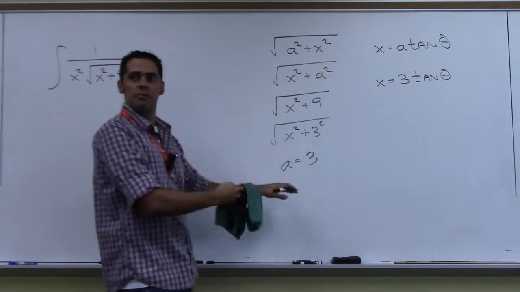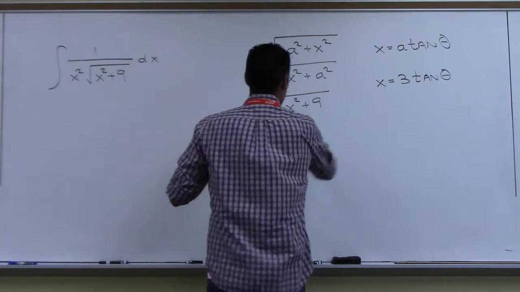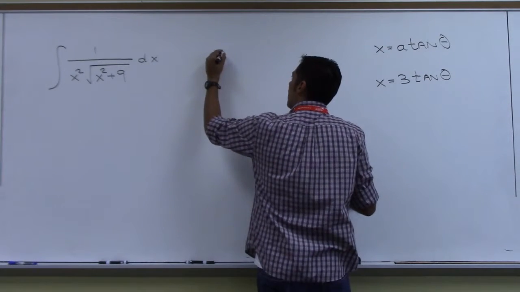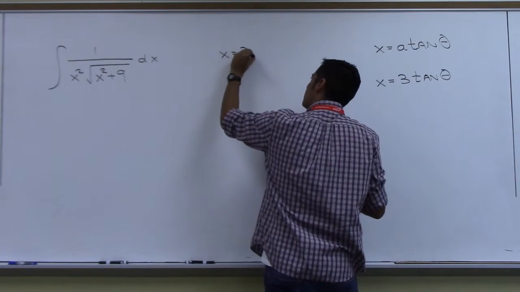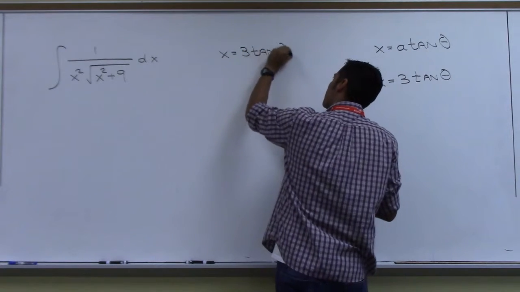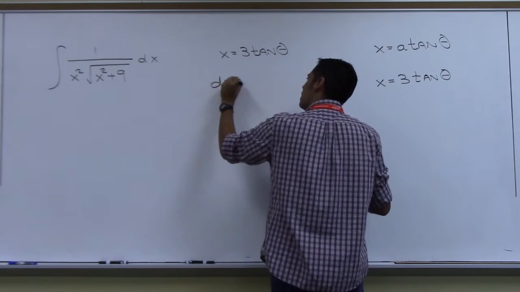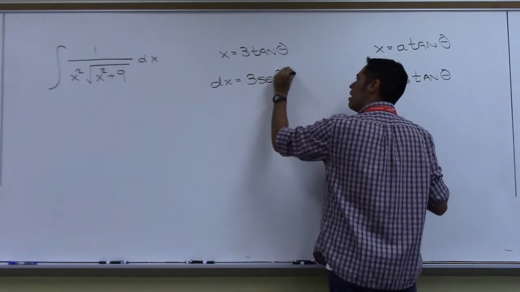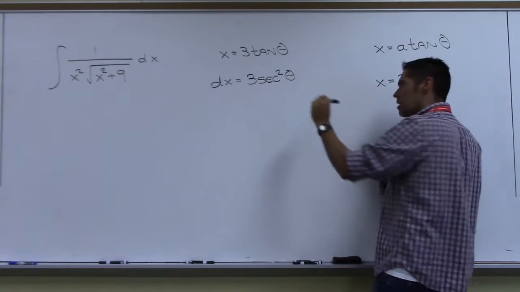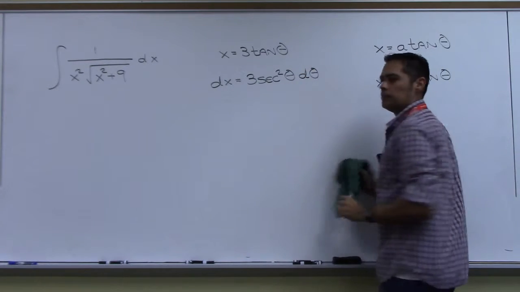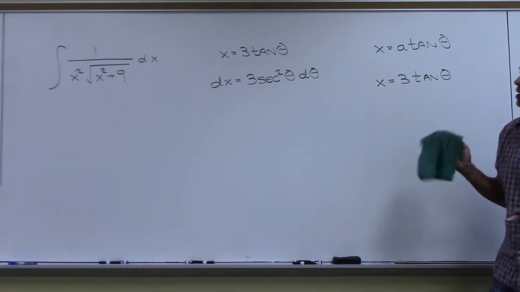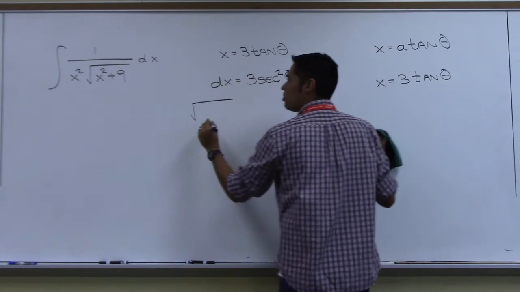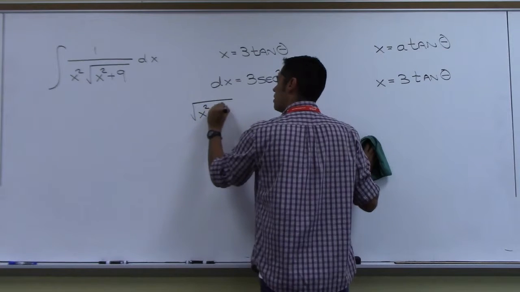So my x is 3 tan theta. dx is 3 secant squared theta d theta. And then you need to look at the square root part that you made the substitution of, x squared plus 9.